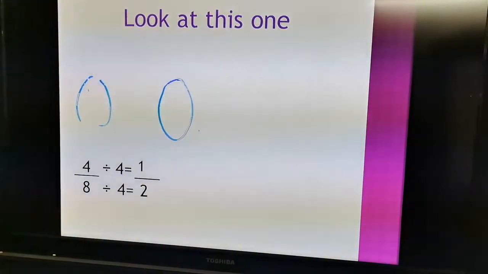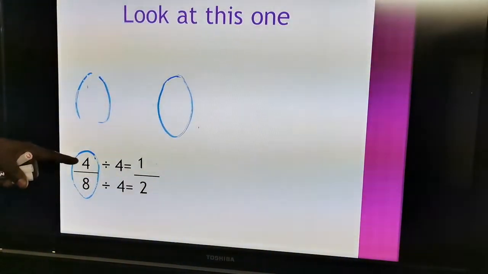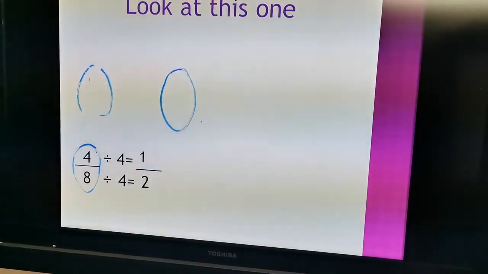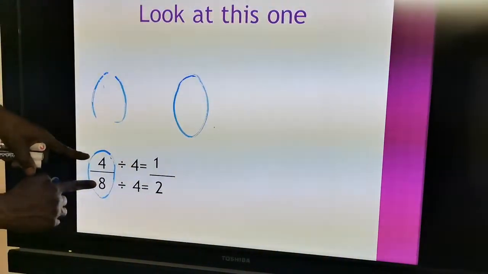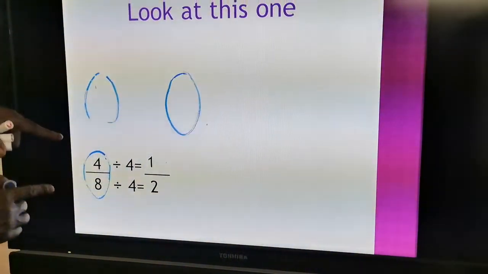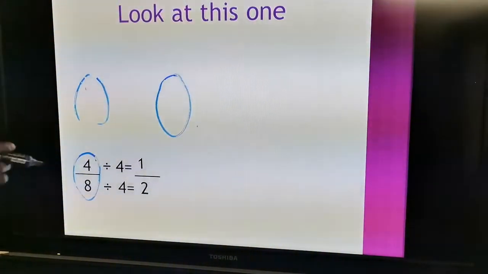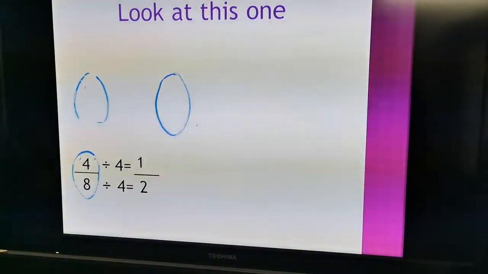Can you all see? We have 4 over 8. This is the fraction and we want to simplify it. In other words, we want to reduce the fraction to its simplest term. First you have to observe whether the numerator can divide the denominator. Yes, it can.